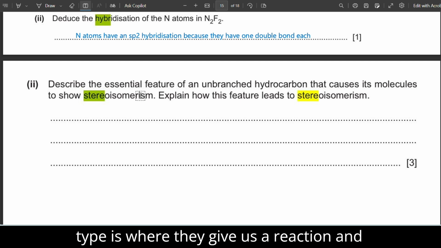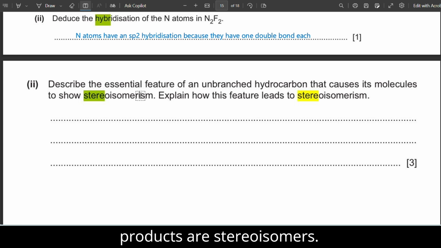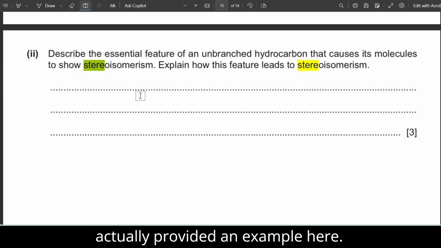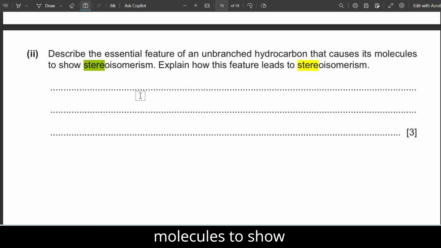Another type is where they'll give us a reaction and then ask us to explain why the products are stereoisomers. For the first type of question, I've provided an example here. Unbranched hydrocarbon that causes its molecules to show stereoisomerism.